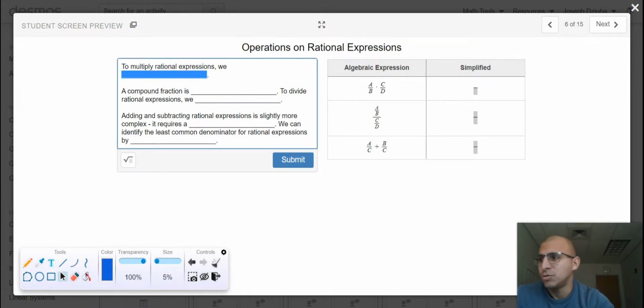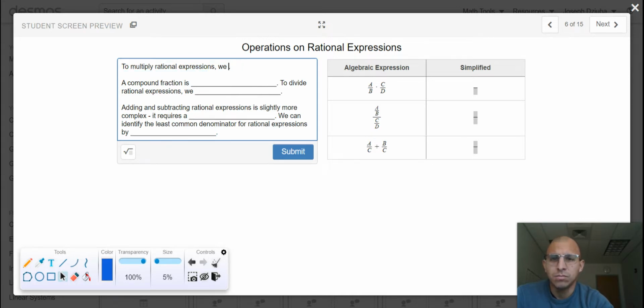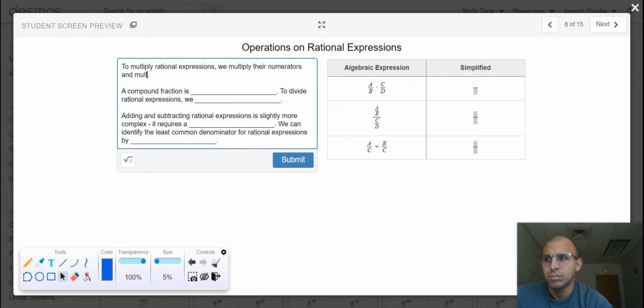So, to multiply rational expressions, we multiply their numerators and multiply their denominators.